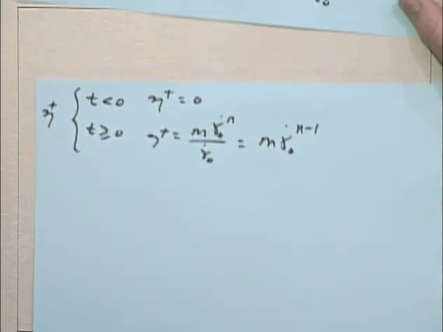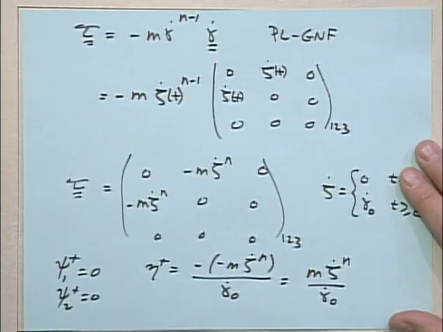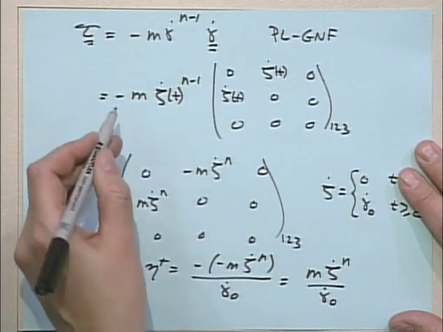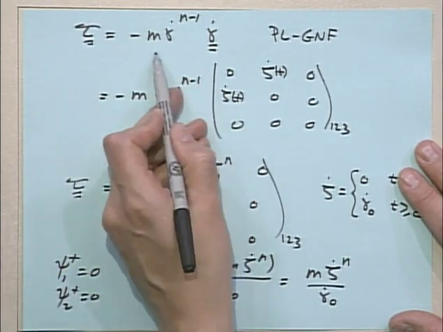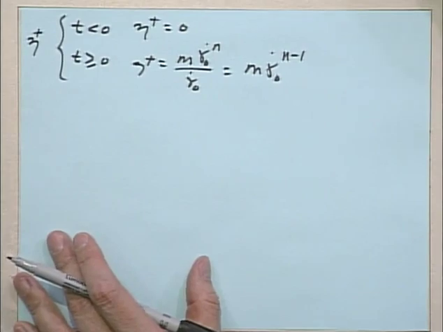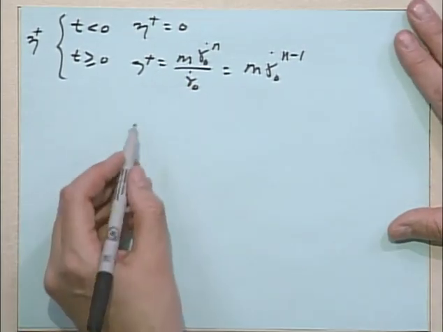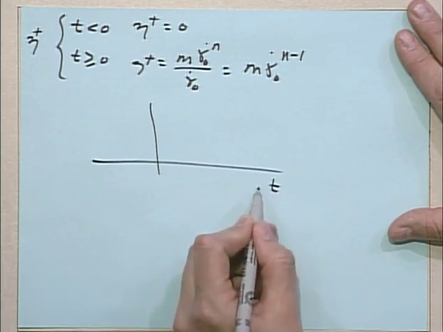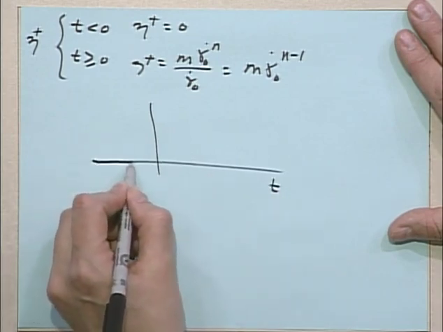If I go back one page, our model did not have any reference of shear in it until we substituted shear into the problem. When we started, there was no reference to shear here, and that makes it a legitimate constitutive equation. So if we sketch this, when time is less than 0, it's equal to 0.